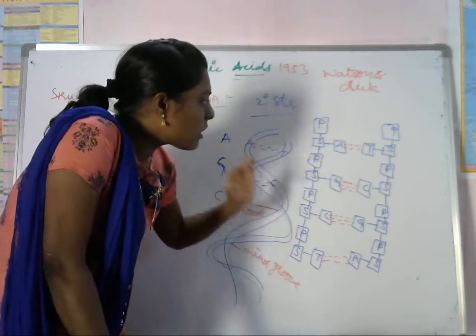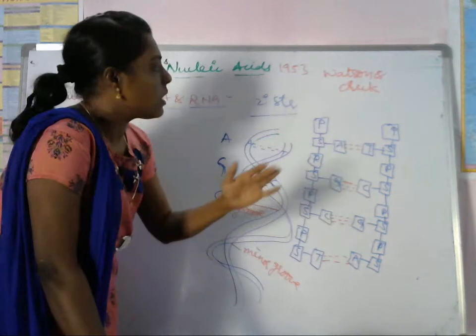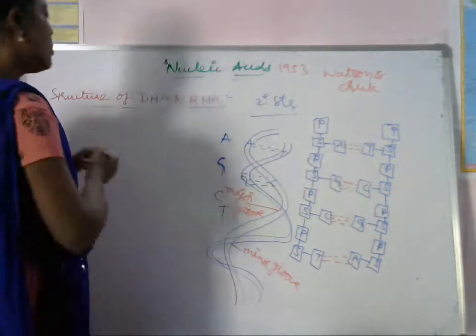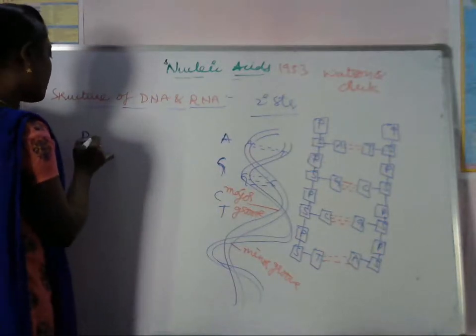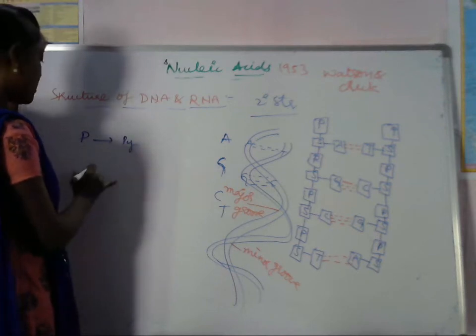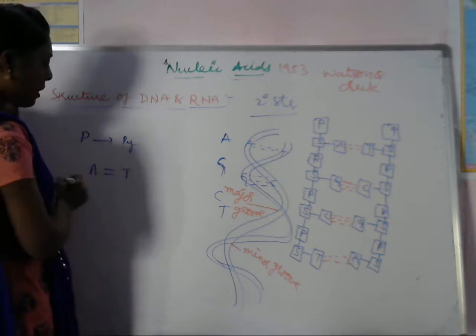These are bonded with the other strand. A is nothing but a purine, and purines always form bonds with pyrimidines. So A is bonded with T, thymine.